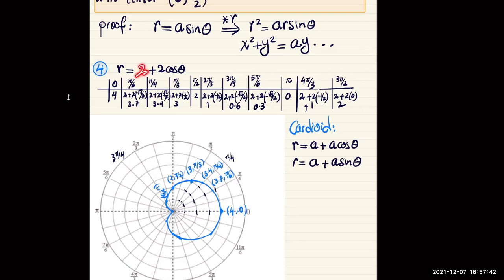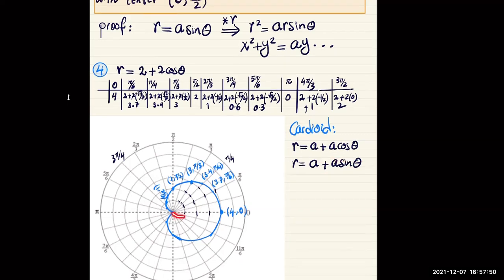If you graph this polar function, it is a cardioid that will look like that. This will be symmetric with respect to the vertical axis if you draw it.